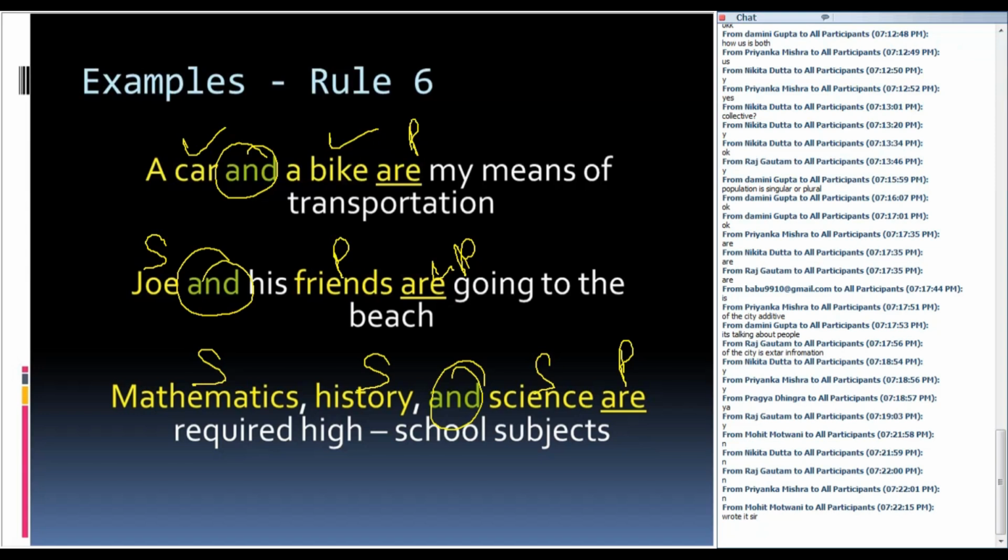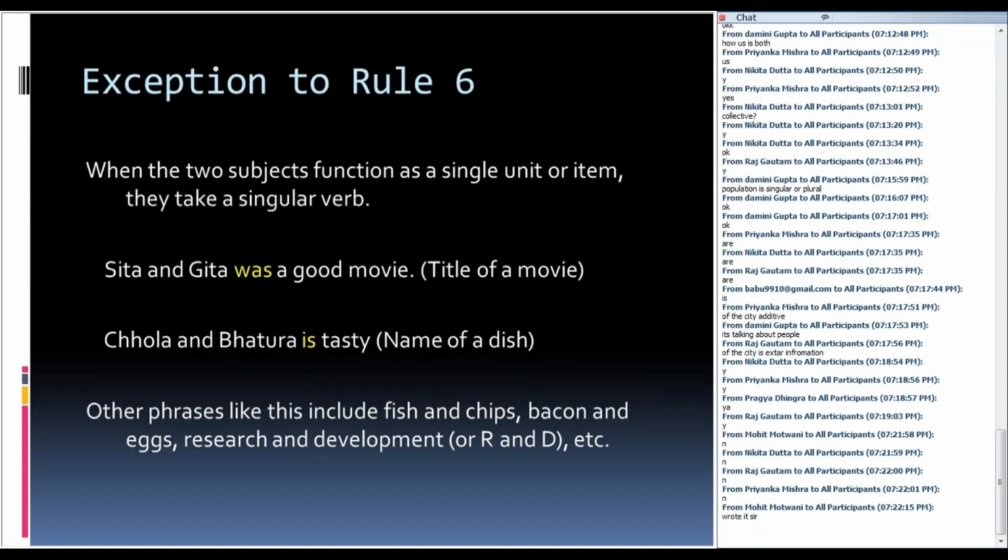So even though you are using the word and, it's just one entity, and in that case, the verb cannot be plural. It will have to be singular. So what is this exception? The exception is that sometimes there are two subjects which function as a single unit or item. So even though they are connected with the word and, they will still take a singular verb.